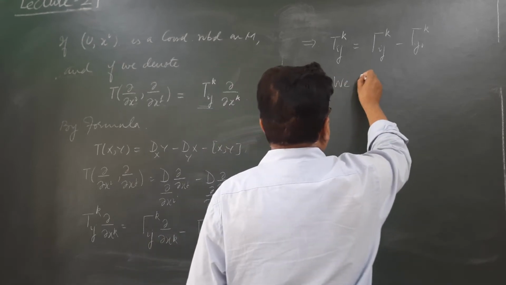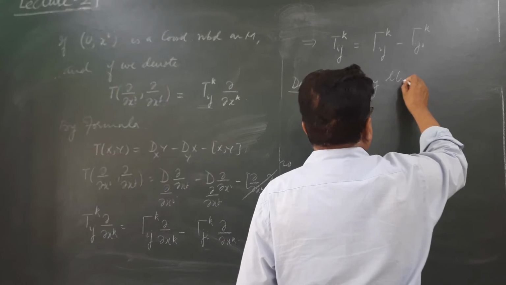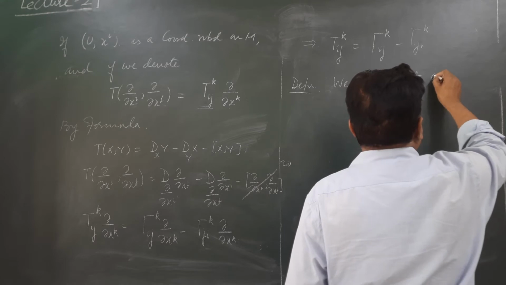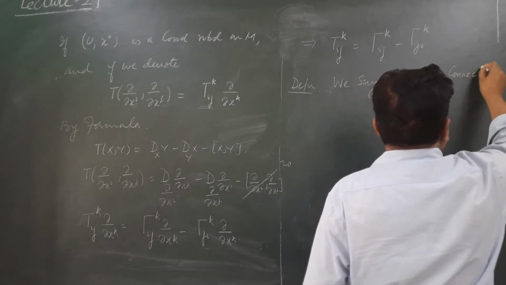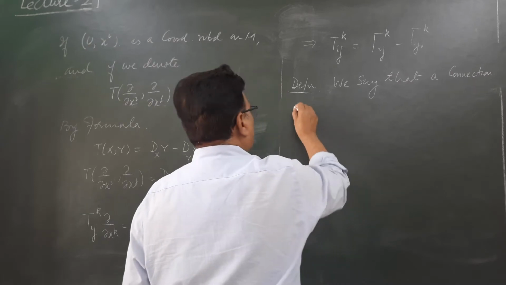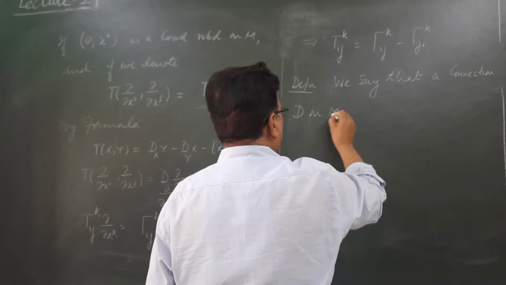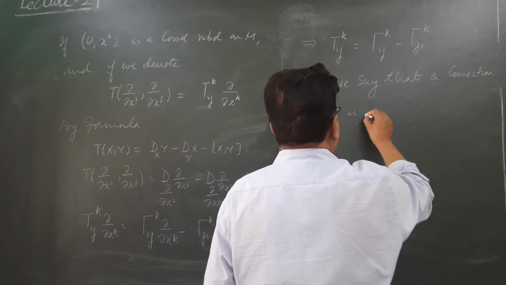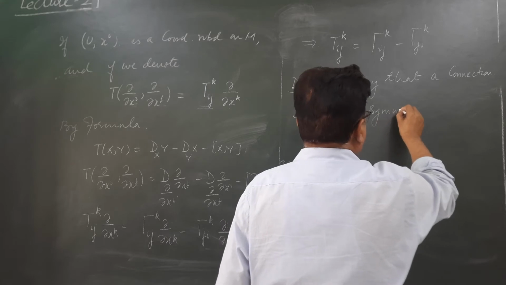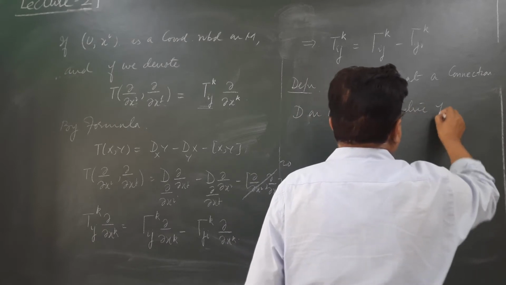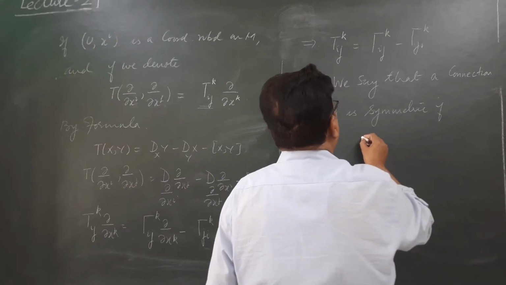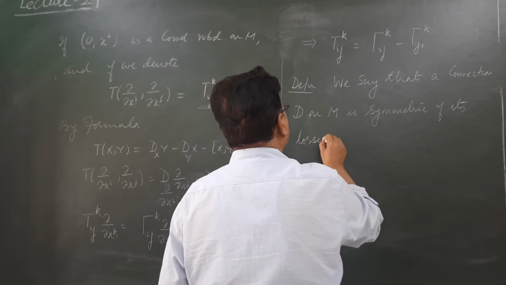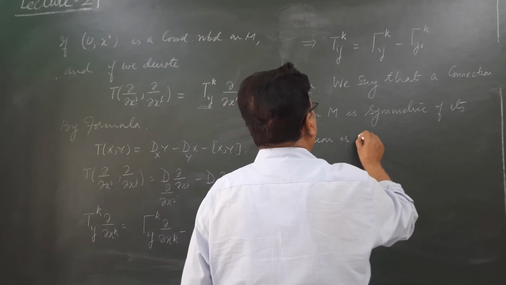We say that the connection D on M, a manifold, is symmetric if its torsion is identically 0.